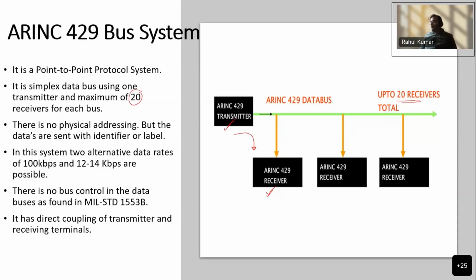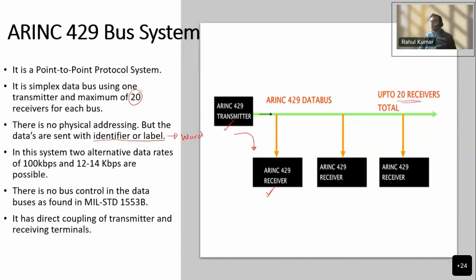Now there is no physical addressing like in the military standard 1553 bus system. That is, you don't have any bus controller. So in ARINC, instead of any physical addressing, we use something called an identifier or label in the word.